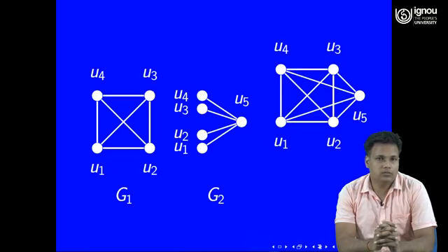So the union of G1 and G2 consists of 5 vertices, namely U1, U2, U3, U4 and U5. And now you can see that in G1 union G2, U5 is adjacent to all the 4 vertices U1 to U4, because in G2 it is adjacent to all the 4 vertices of G1.